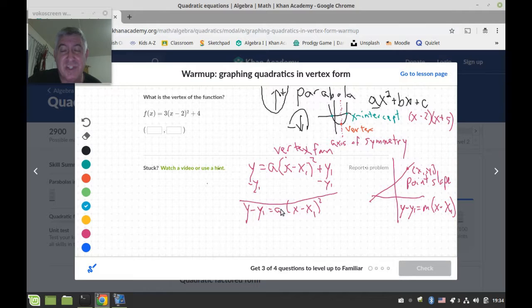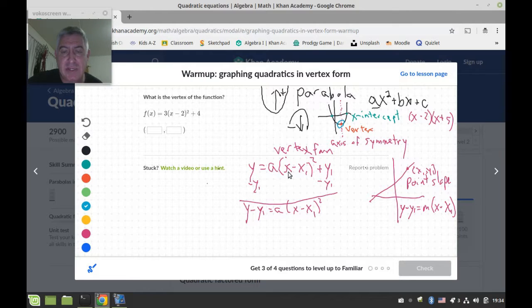It affects the shape. And what is that point? On our point slope, that can be any point, but on our vertex form, that is the vertex. So if we can put it in this form, we can see and find out what the vertex is.